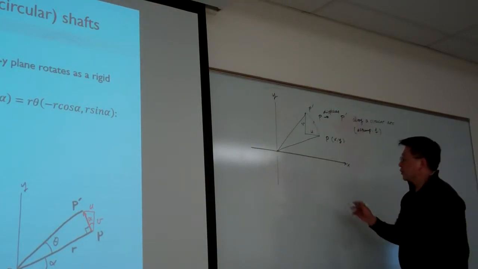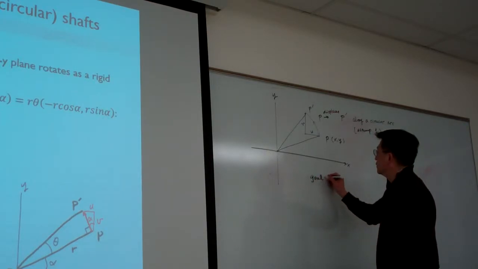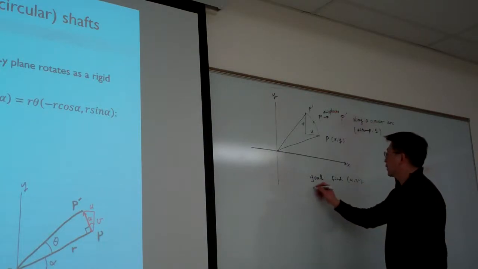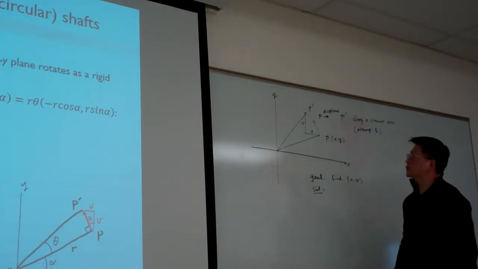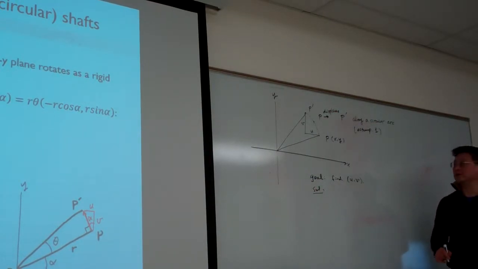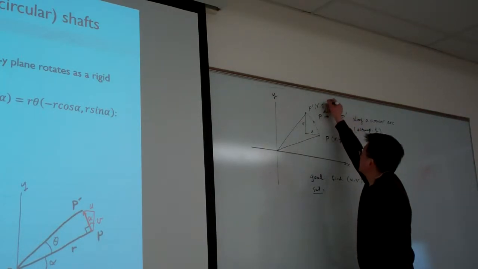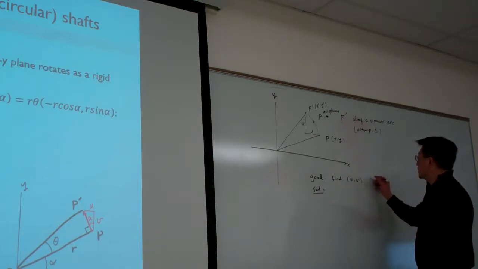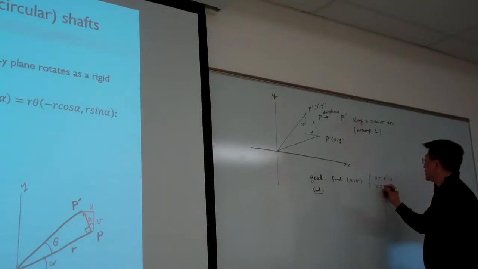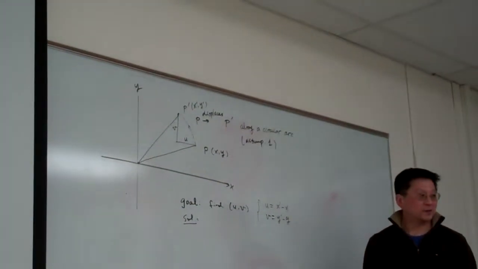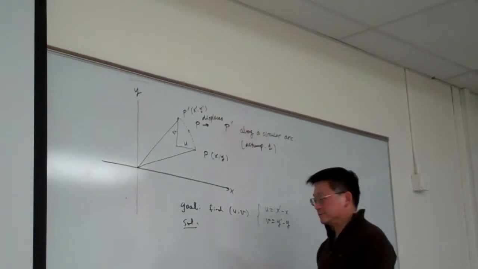Our goal is to find u and v. This is a very simple geometry. Let me say P prime is x prime, y prime. So simply u equals x prime minus x, and v equals y prime minus y. Easy.